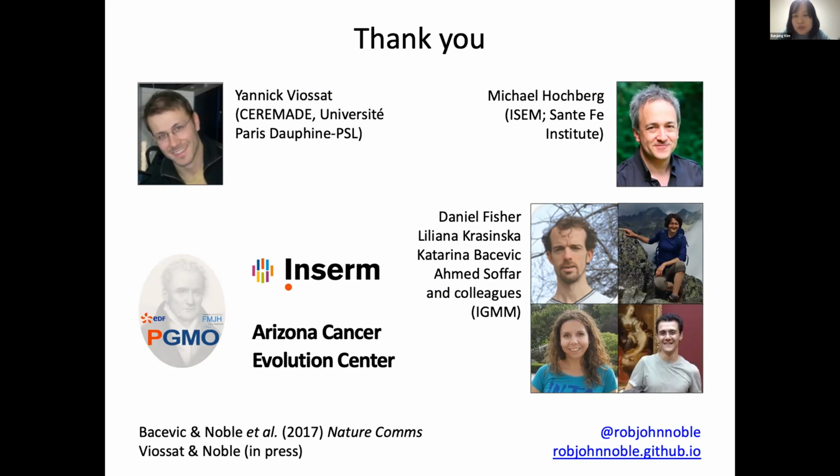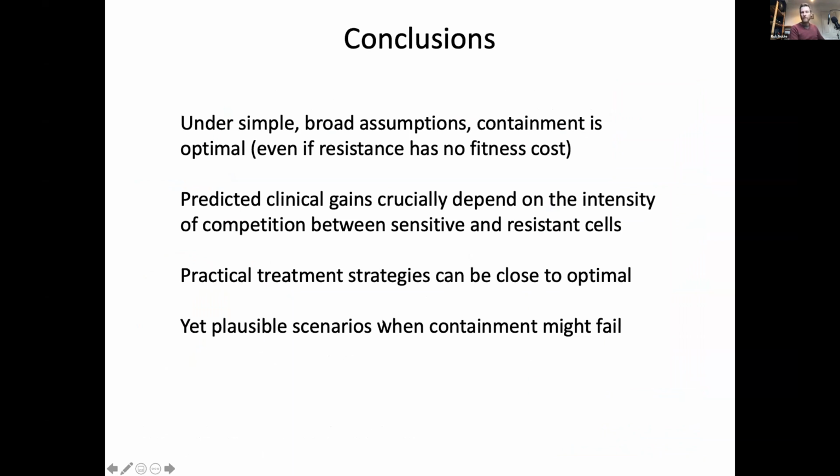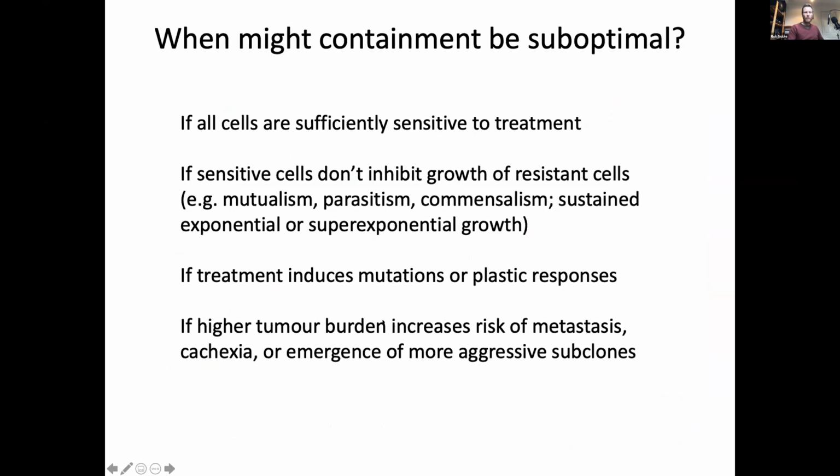So this is exactly the caveat, the last caveat in my previous slide, which is that if we assume that there are other costs of having a high tumor burden, that there's increased risk of, for example, metastasis or cachexia and so on, or that the tumor, because it's large, can continue to evolve more aggressive subclones, then our assumptions might be violated and MTD might be better.